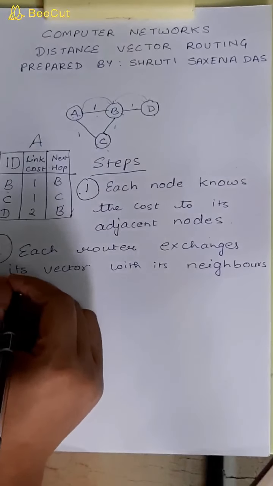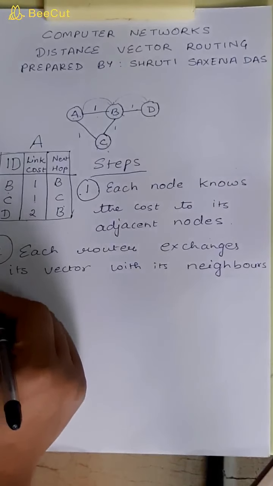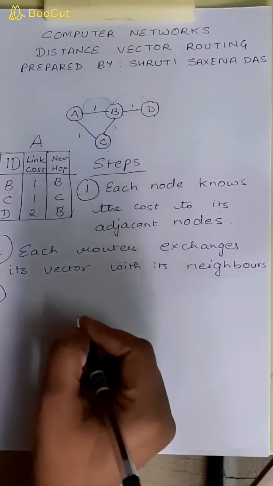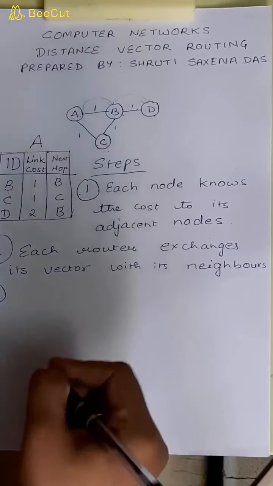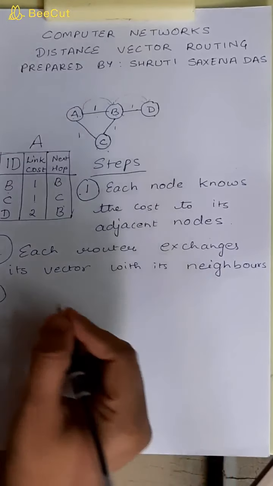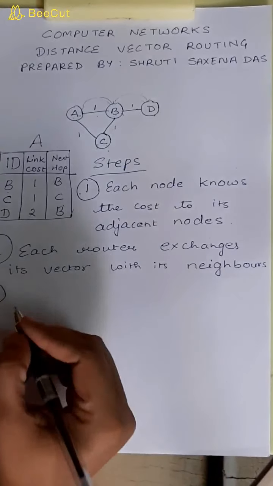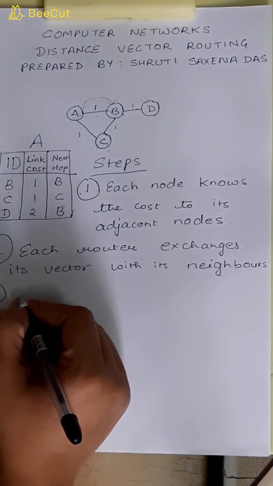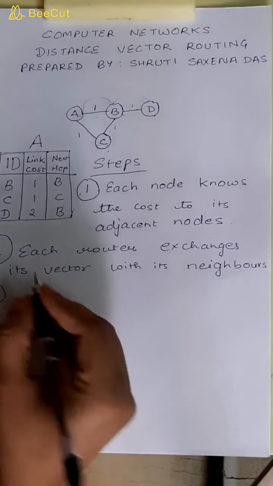Then in case any new route is available which is having less cost, then the distance and the next hop values will be updated. So how will these things be updated? There is one equation known as the Bellman-Ford equation that is followed.